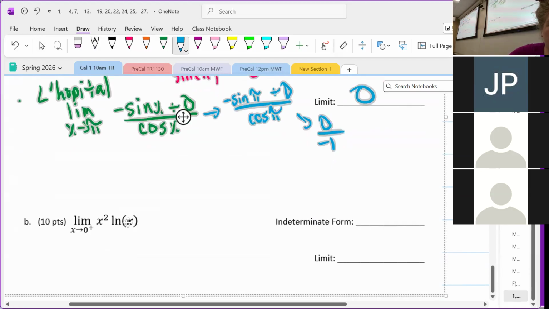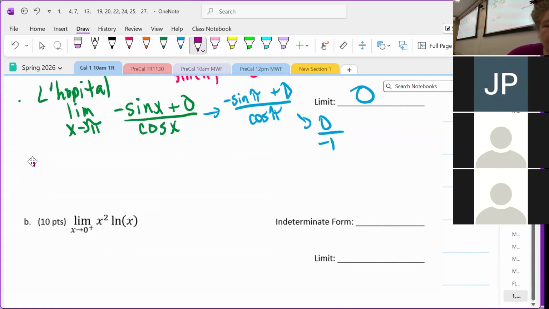Now, this natural log one is weird in several different ways. So when we plug in 0 initially, we get 0 squared times the natural log of 0. You can't actually evaluate the natural log at 0. That's why we're approaching 0 from the right.